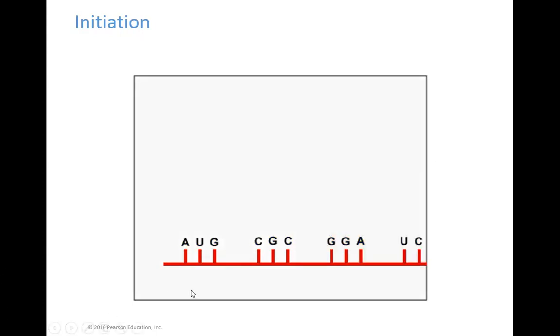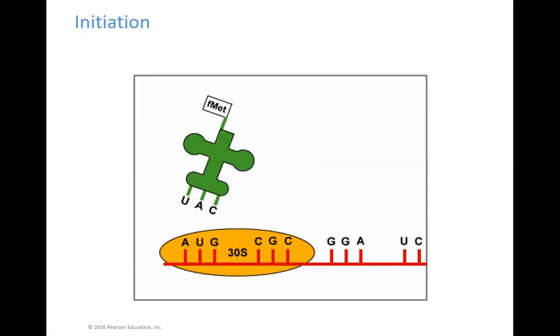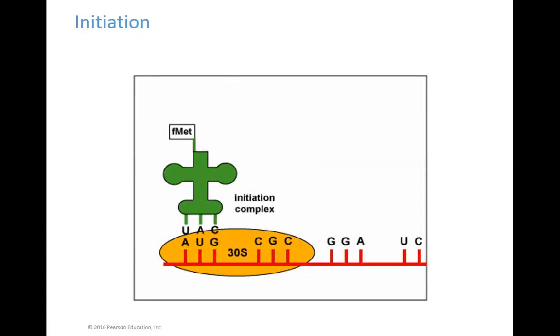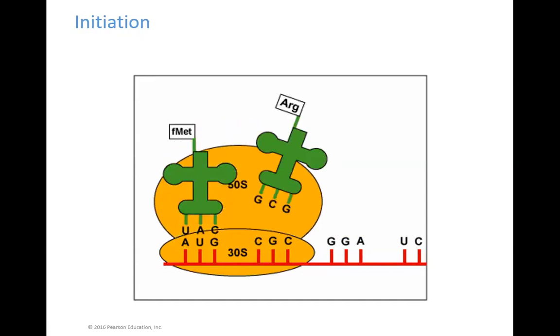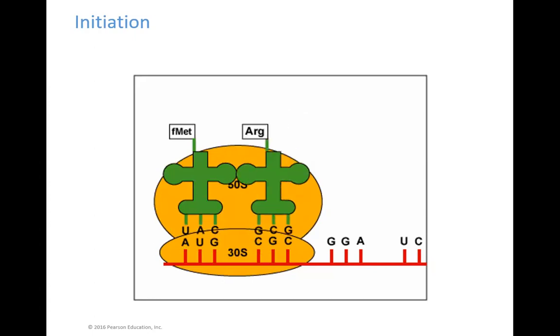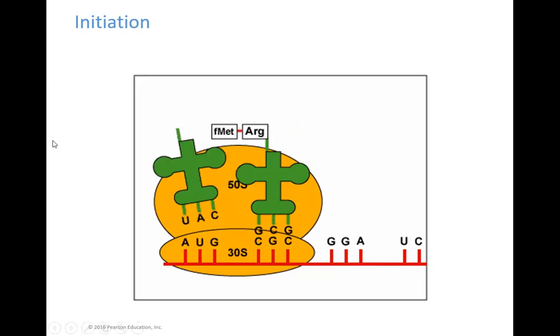Let me go back and show you that again. Okay, there's our start codon right there. Small subunit, transfer RNA with its anticodon landing on the codon. Here comes the second transfer RNA. It lands on the second codon. When that happens, the two amino acids link together with a peptide bond, and that first transfer RNA is kicked out.